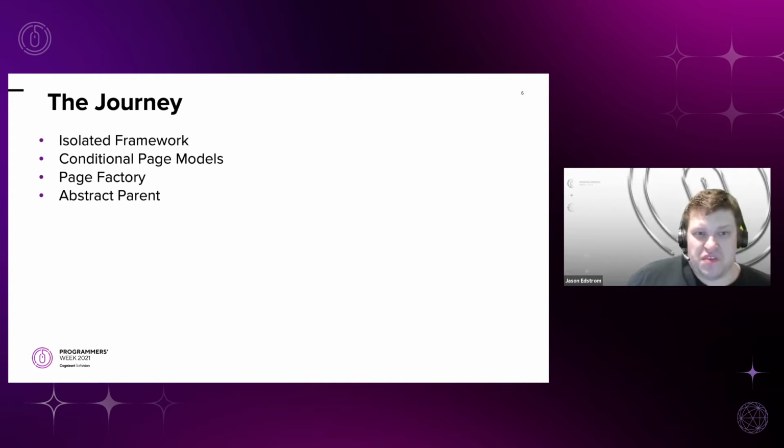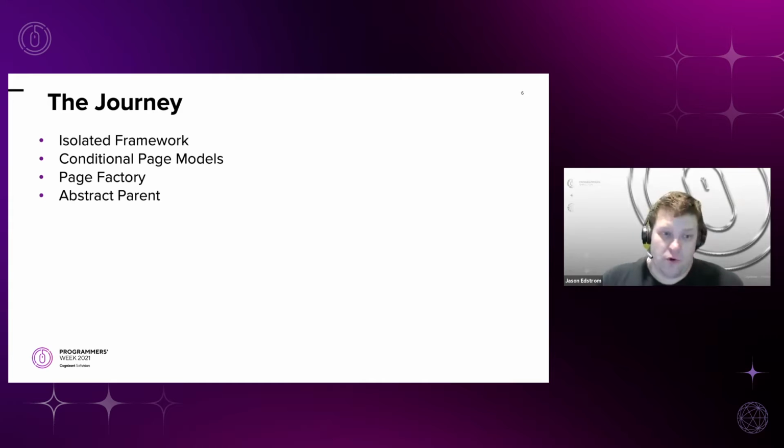So this was the journey that I ended up going through over the course of my years getting into mobile automation. It was a pretty important learning piece. We're going to walk through the isolated framework and talk about what that is. We're going to look at what conditional page models are and how that feeds into the story.